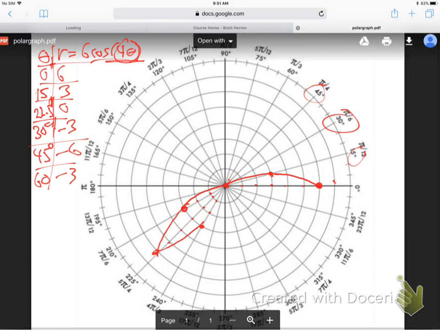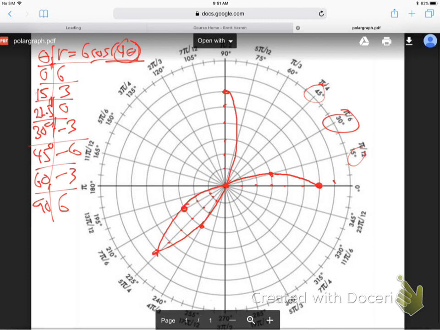And then when you get to 90, 360, cosine 360, I mean, it's cosine 0. Cosine 0 is 1. It's going to be 6. And at 90, all of a sudden, it's up here at 6. What happened? Really quickly, it shot through the origin and then went up here. It just happened fast. Am I doing that right? Yeah, that's right.